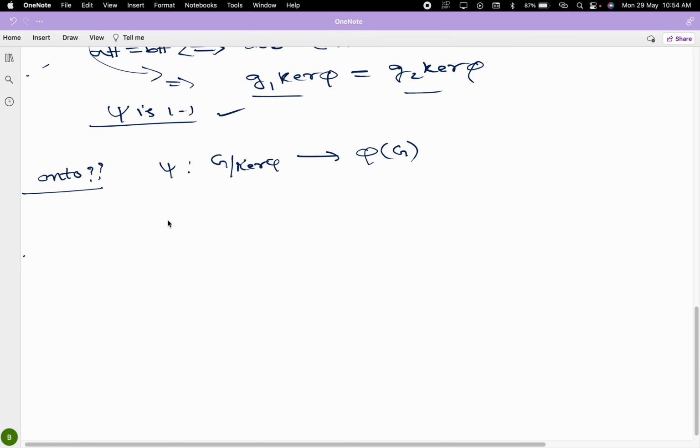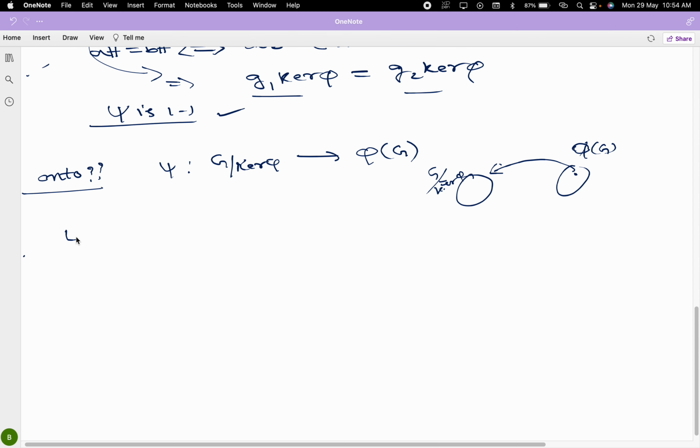So is this onto? Onto means, if this is phi of G and this is G mod kernel phi, if I give you any element here, you should be able to give me a pre-image over here, right? That means I am giving you one element over here.